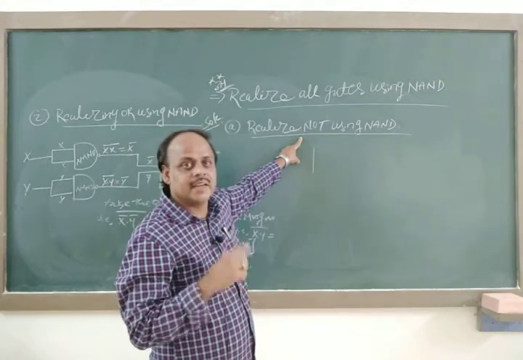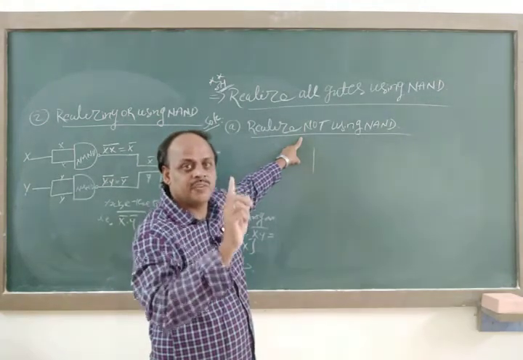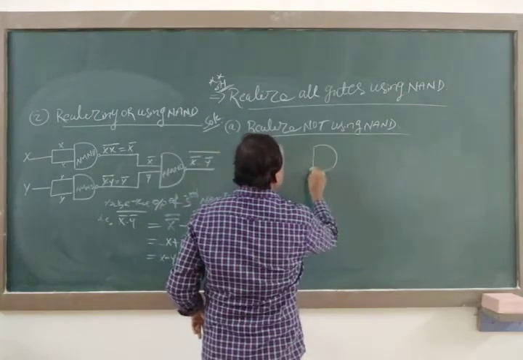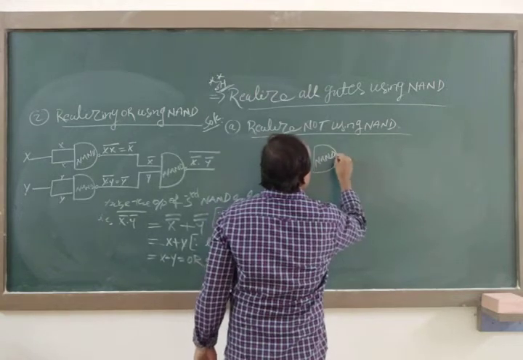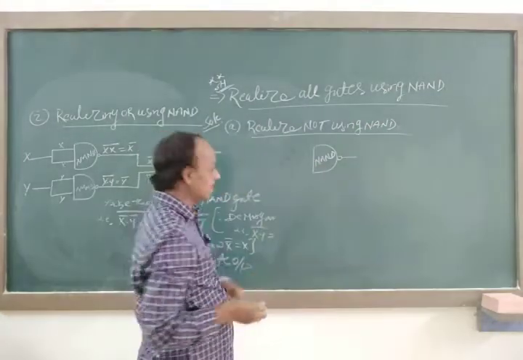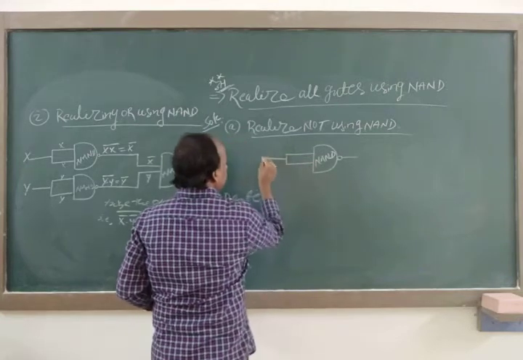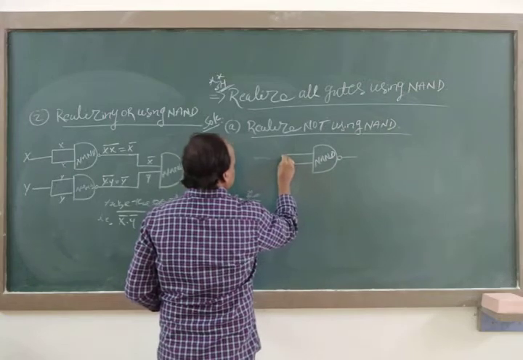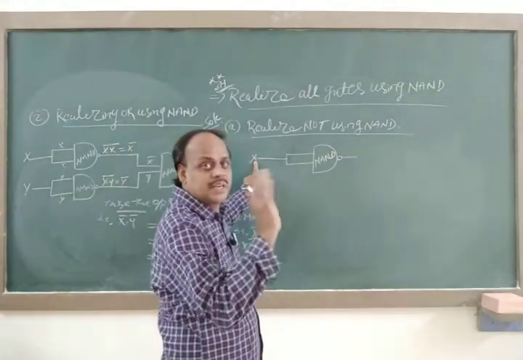Suppose we take x for the NAND gate; realizing NOT means we must get x bar. That's why take a NAND gate and consider only one input, because we must get x bar.